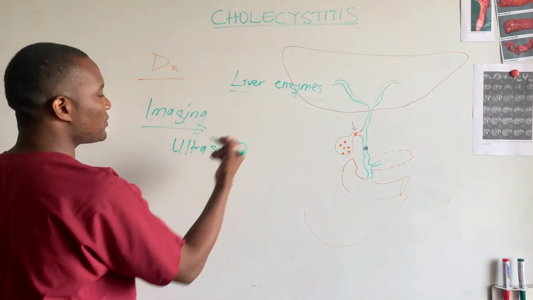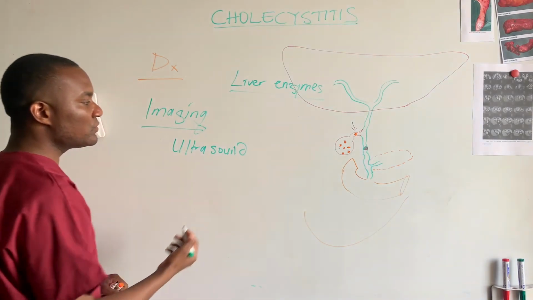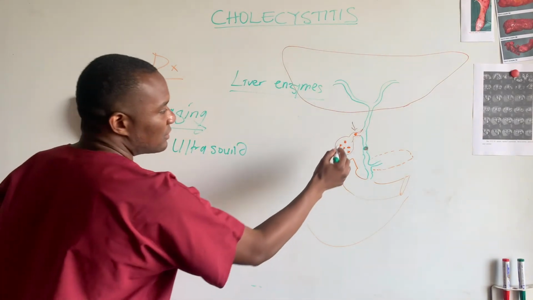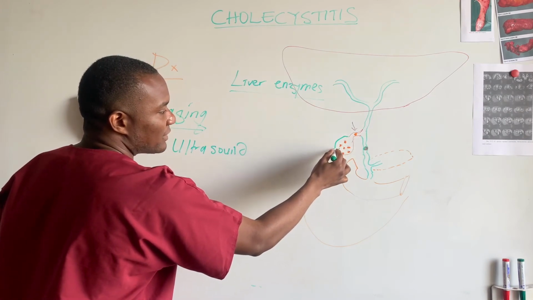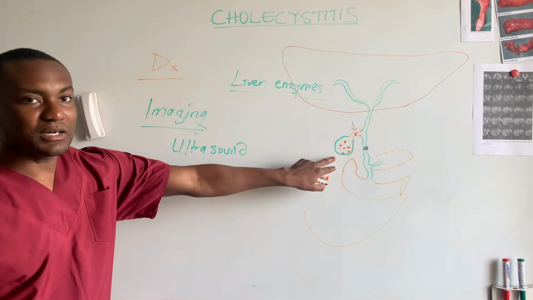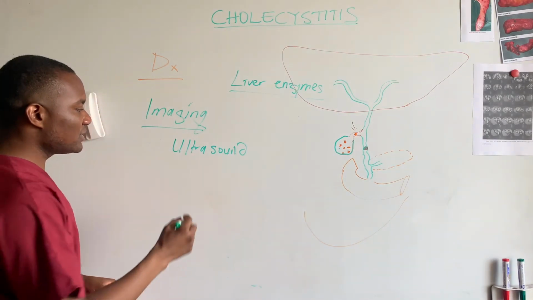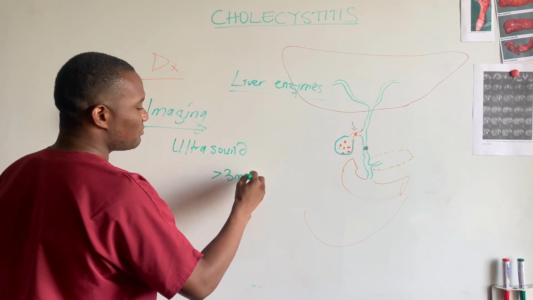Of course, you see the presence of stones in the gallbladder. They usually cast a shadow, and you will see a thickening of the gallbladder wall, usually more than 3 millimeters.